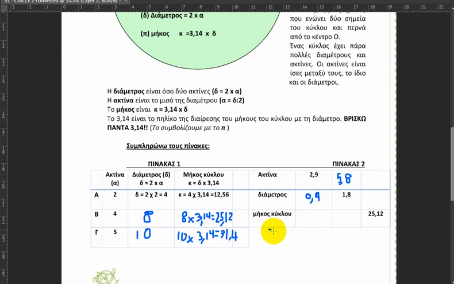Where do we have some room here? 3.14 times 5.8. See what we get. We get this basically, so just write that.